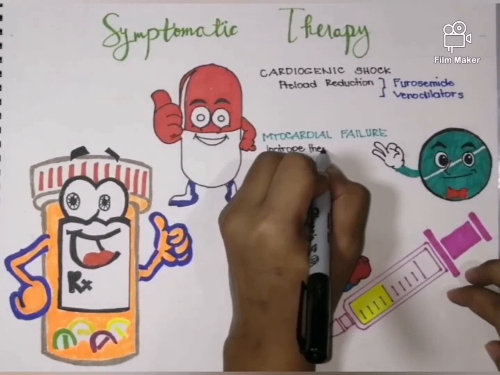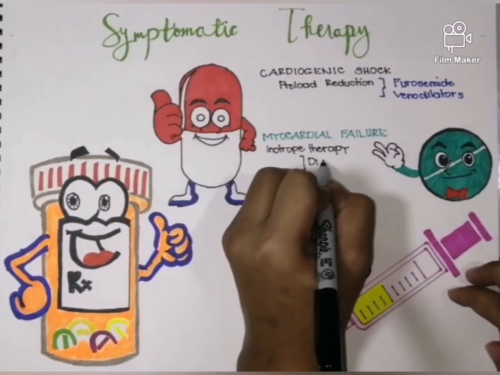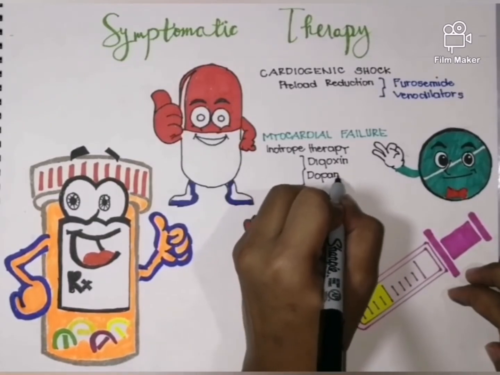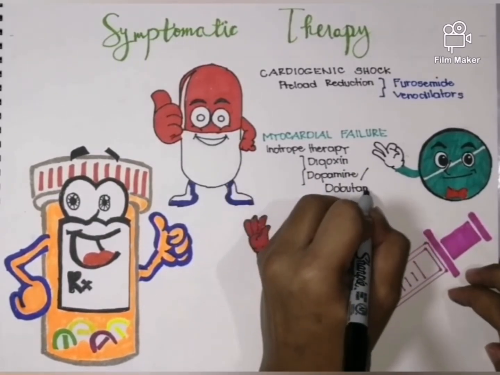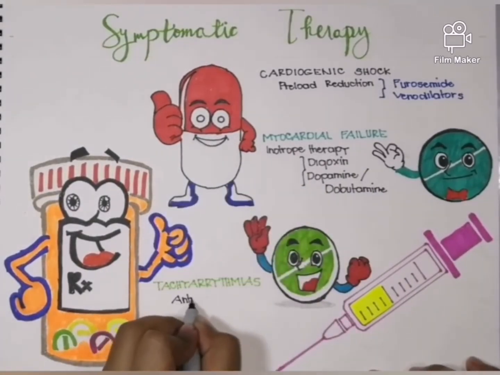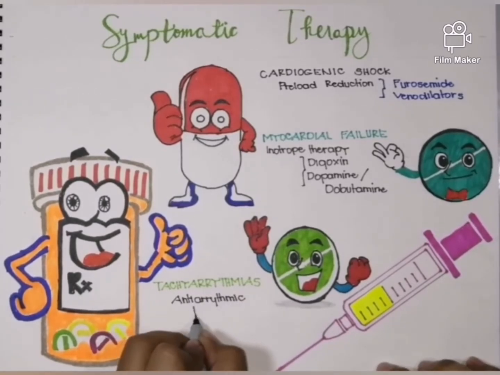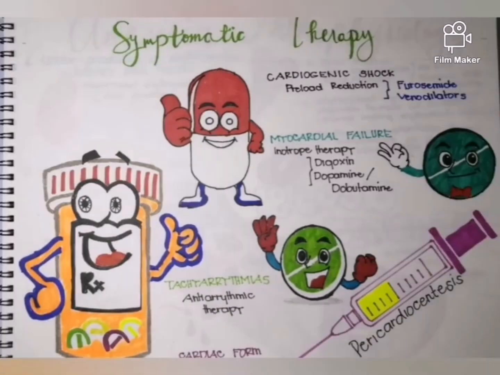Inotrope therapy: drugs like digoxin, dobutamine, or dopamine are given when there is myocardial failure. Antiarrhythmic therapy during tachyarrhythmias, and for the cardiac tamponade form, pericardiocentesis is done.